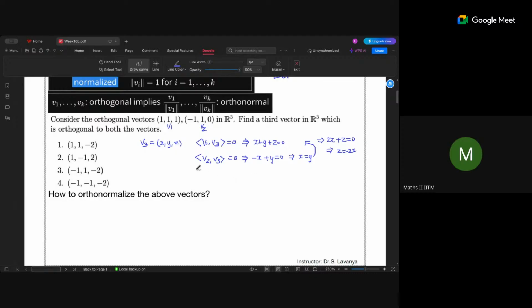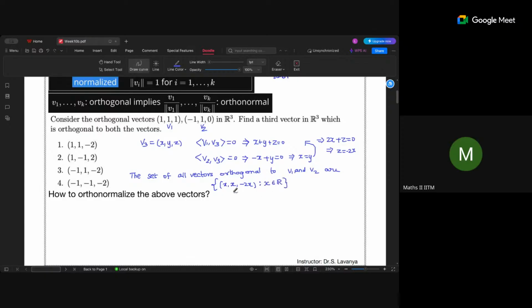So how can we write this V3? The set of all vectors orthogonal to V1 and V2 are, how can we write, (x, x, -2x) where x is in R. Is that fine?